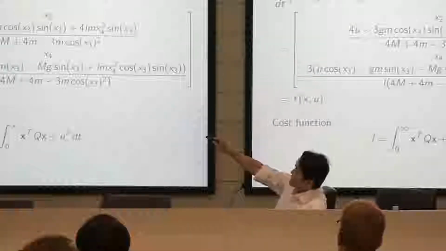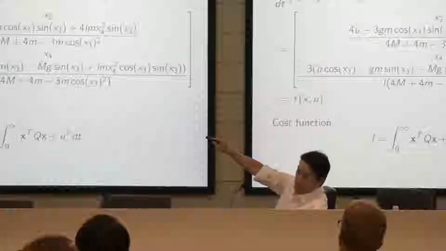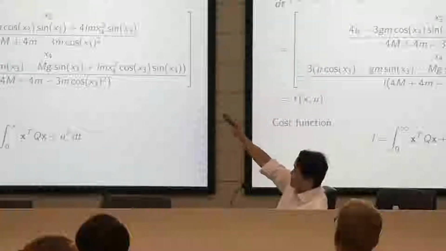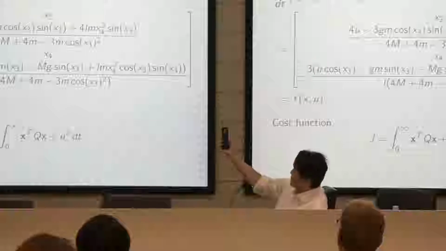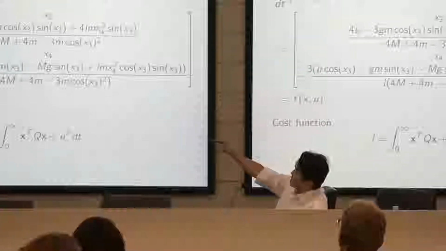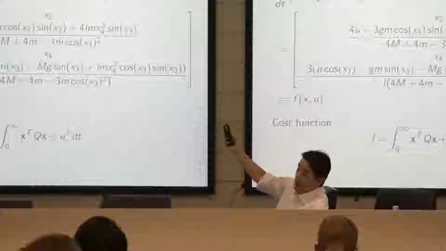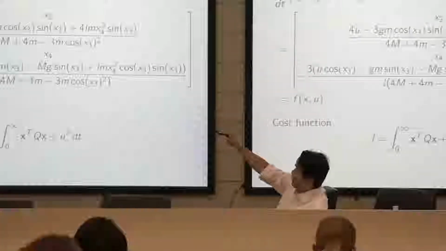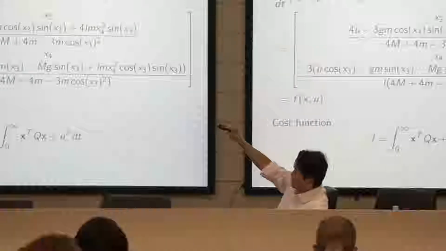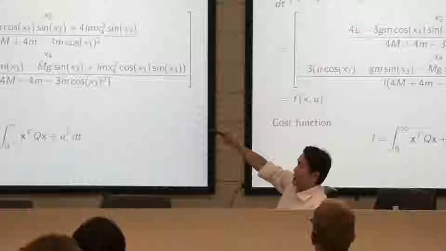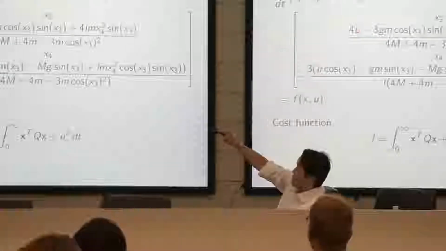And x2 is x dot, so this will be 0 at the equilibrium. And x3 was theta, so this will be 0 at the equilibrium. x4 was theta dot, so this will be 0. Some value for x1, okay, we can say this is 0 as well.